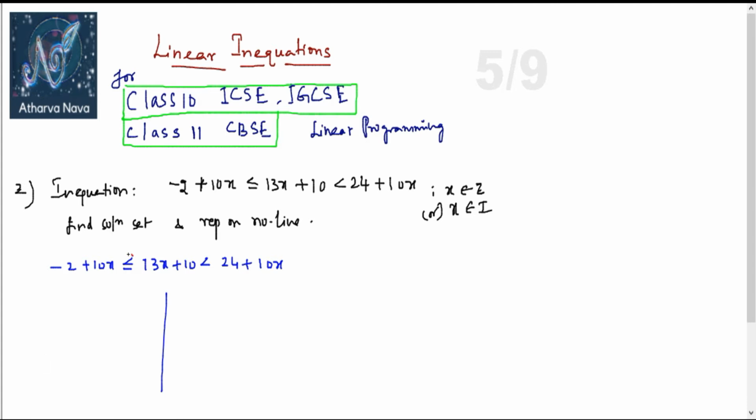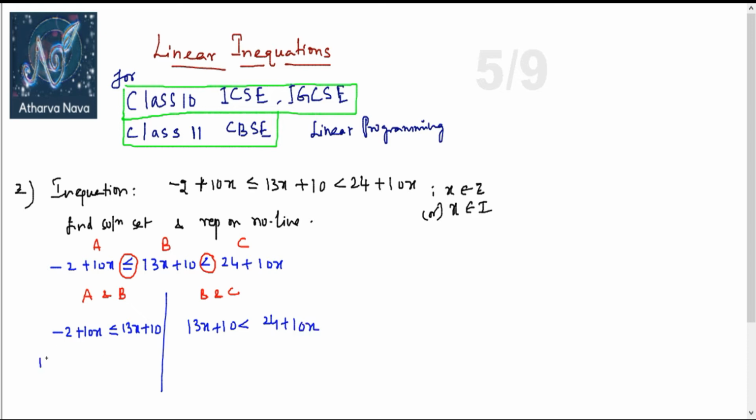So let's say this is one symbol and this is another symbol. So this is part A, this is part B, and this is part C. So A and B here, B and C here. So when you start solving, you can write minus 2 plus 10x less than or equal to 13x plus 10. And then again write 13x plus 10 less than 24 plus 10x.